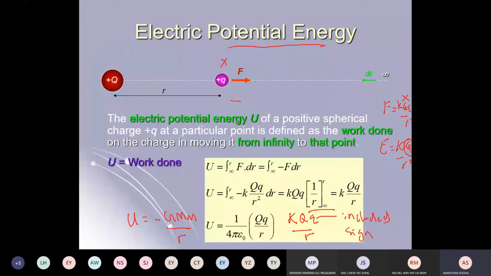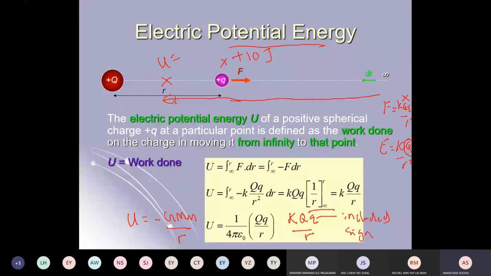Very important. So if this is a positive charge, let's say the electric potential energy here is positive 10 joule. Can you suggest a value for the electric potential energy when the charge is brought closer? Is it going to be more than positive 10 or less than positive 10? The work done to drag the test charge from infinity to here is the potential energy here.